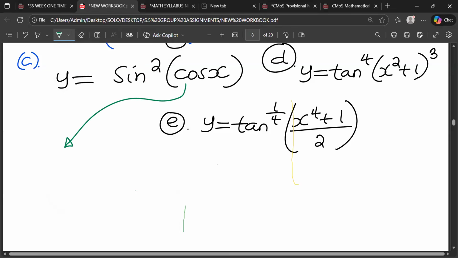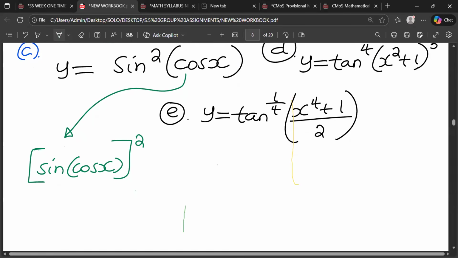Because you're supposed to accept that it is like this. It is sine CosX, and the whole of this is squared, not so? So as you're getting dy dx, I don't know whether we are together there.